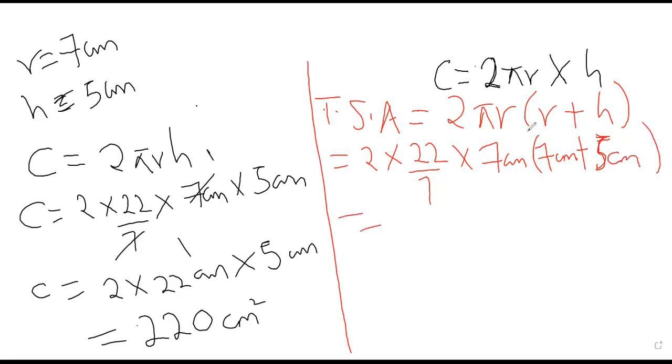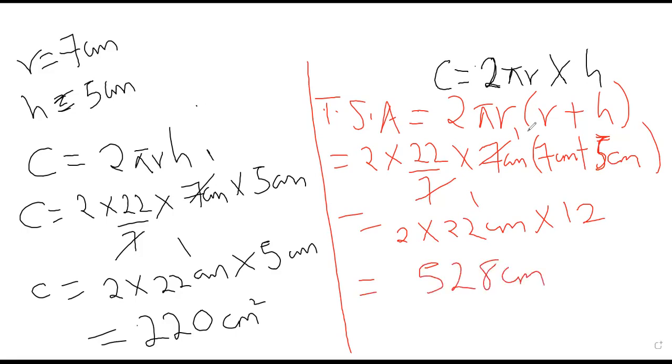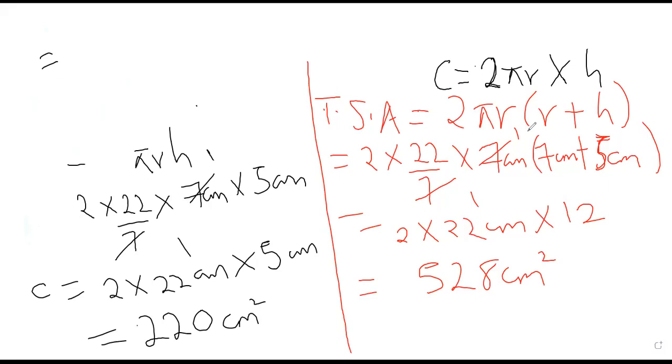So 7 over 7 cancels, and we have 2 times 22 centimeter multiplied by 12 centimeter, which will be equal to 528 centimeter square. So that is how to calculate the curved surface area and the total surface area of the cylinder. Let us take one more example.